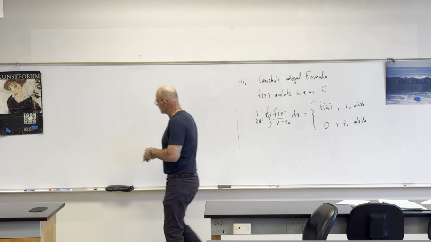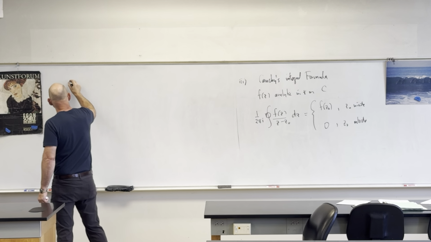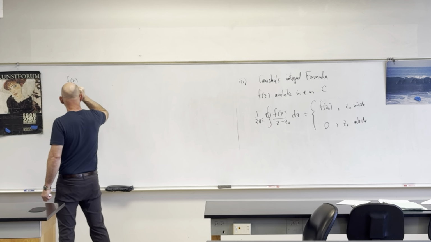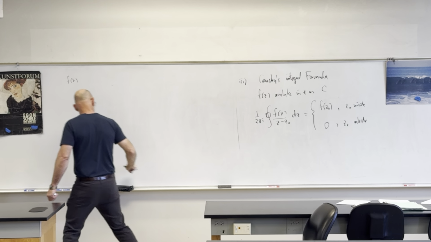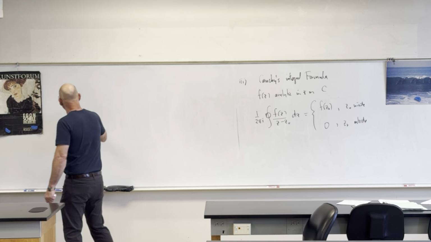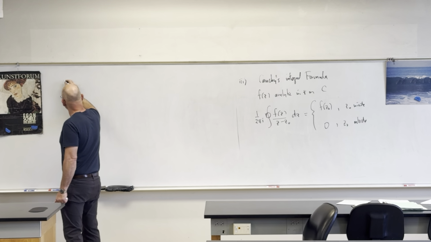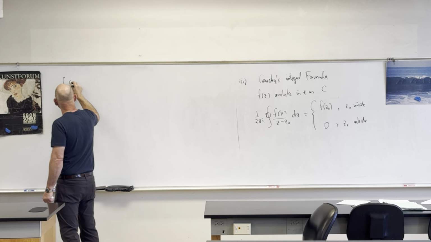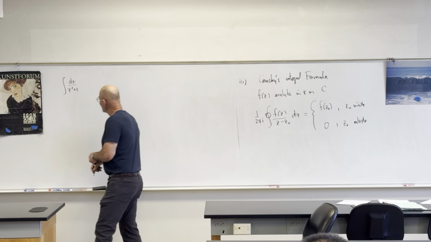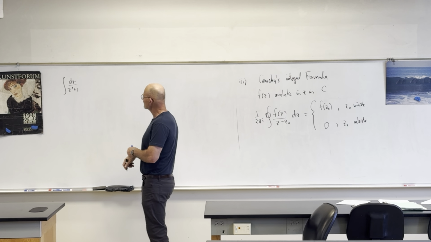Okay. So we have, once again, f(z), or I can identify that first. So we want to use that formula here. So we start with our integral of dz over z squared plus 1. That's the integral we're looking for.